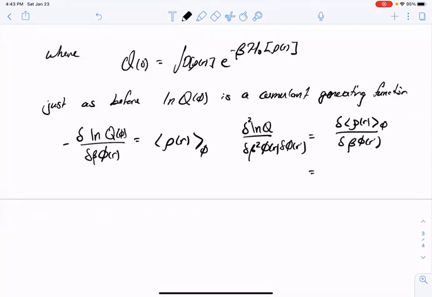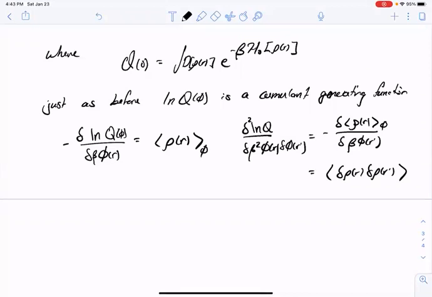As a cumulant generating function, this also means, minus sign, that it's the second cumulant, or in this case, the correlation function. Delta rho at r, delta rho at r prime.